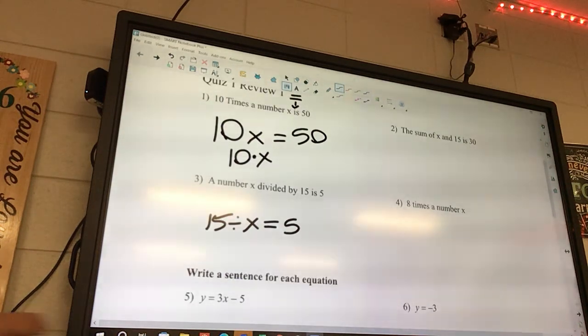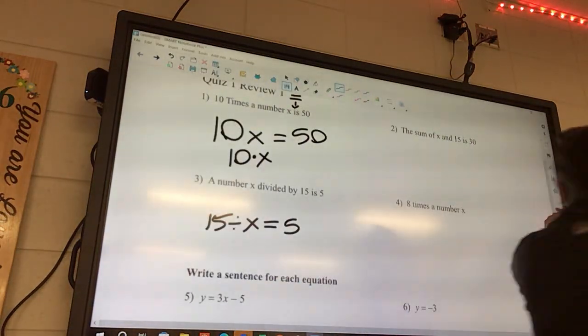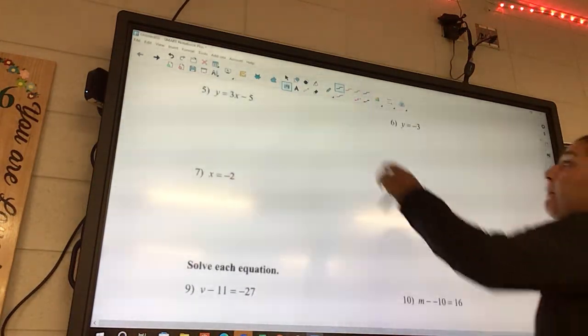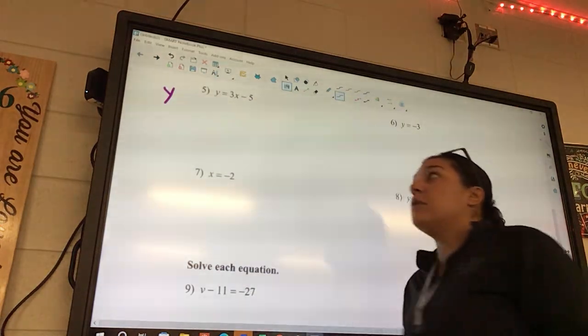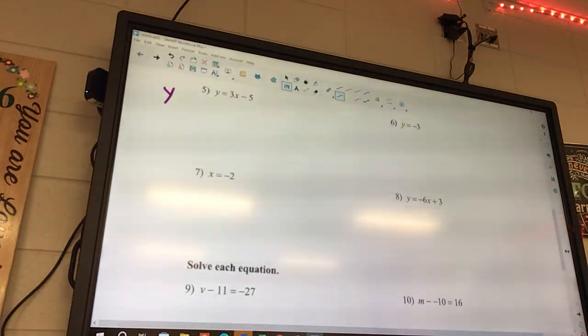Okay, write a sentence for each equation. How do we write this? Okay, we could say y equals, you gotta spell the word out. What's another word that you could say instead of equals? Is the same as, right?